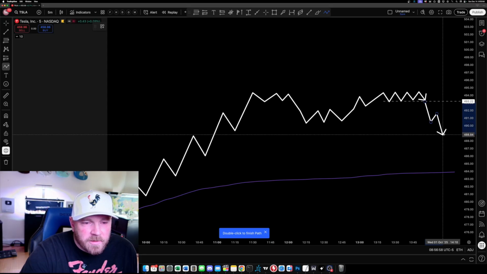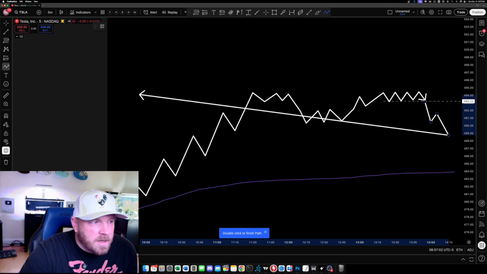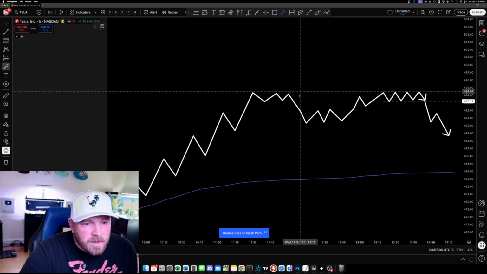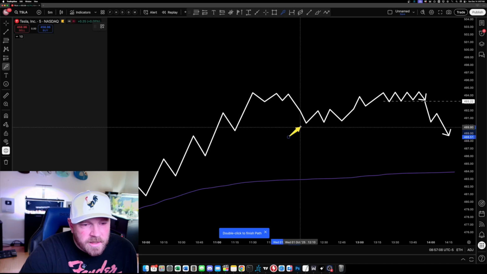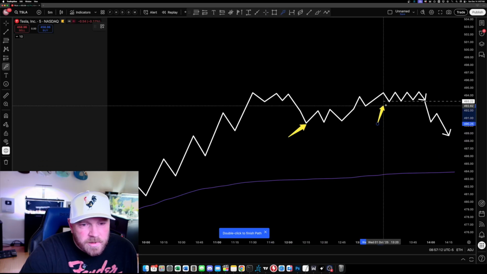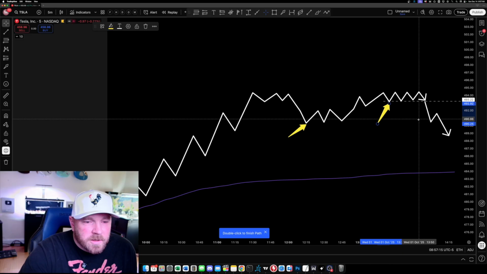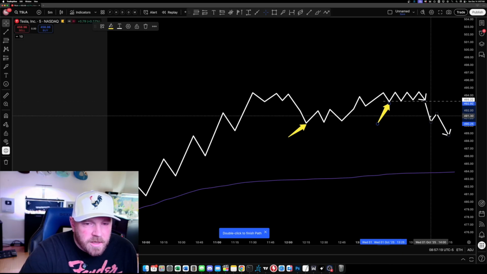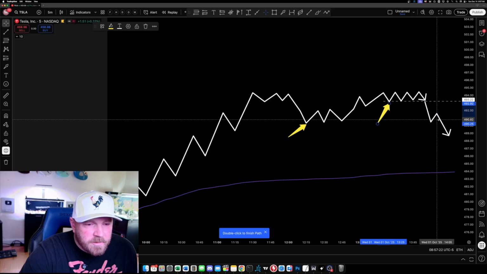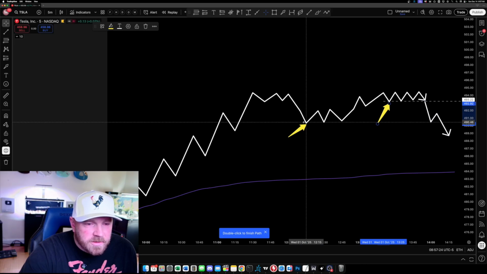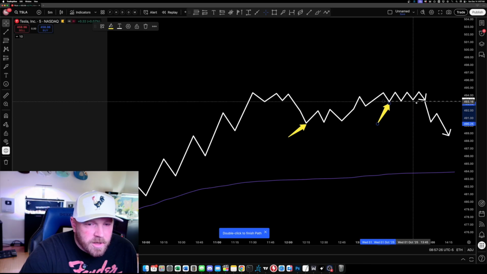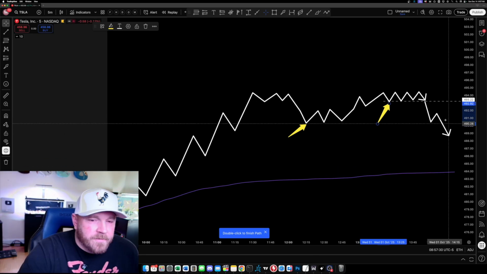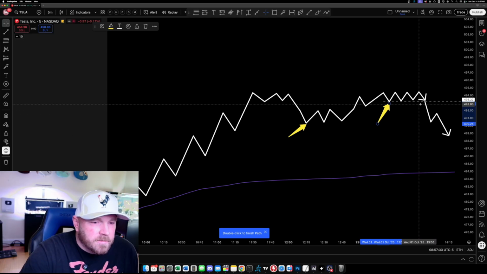We might just take out a couple levels here, because there are people who got long in this area, and there's probably a lot of people who got long here. So what I'm looking for is a flush out of here. And do we get more downside? Maybe we get a flush here too, because then we stop out all the people who got long in this area and this area. We might not go all the way to VWAP, but that's what I'm looking for.